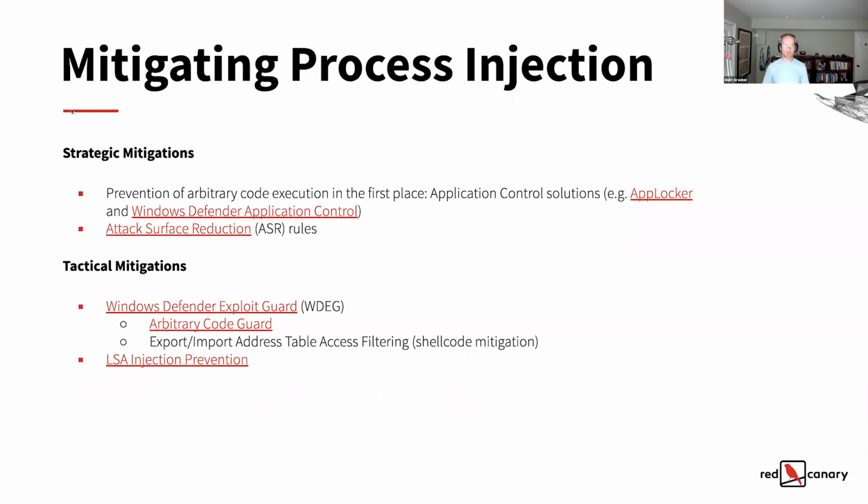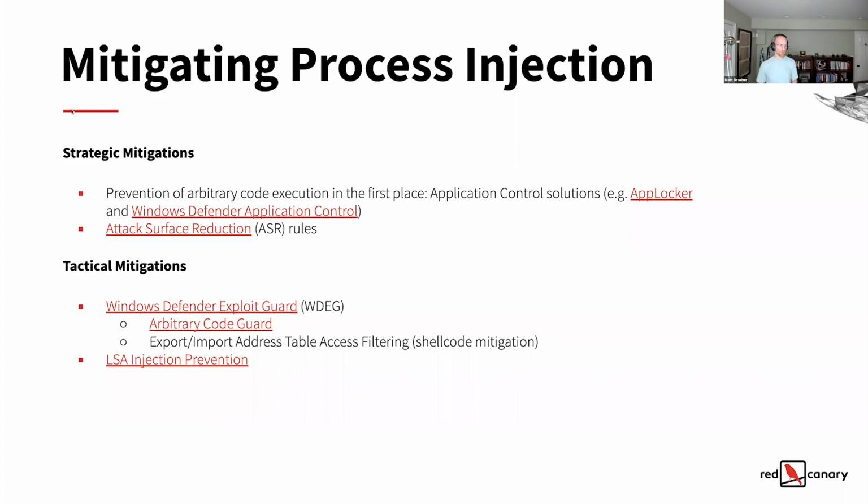Another would be export or import address table access filtering, which is not specific to process injection, but in many of these cases we're referring to position independent code, where you have shellcode payloads. I would say predominantly the shellcode payloads out there reference memory in a certain way when they're trying to resolve APIs, in which case this mitigation would kick in and detect that.